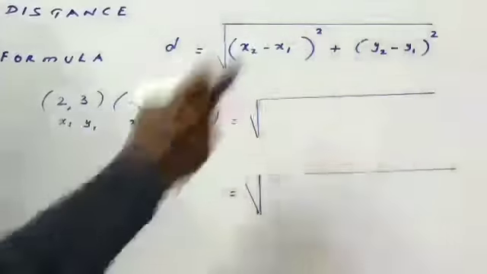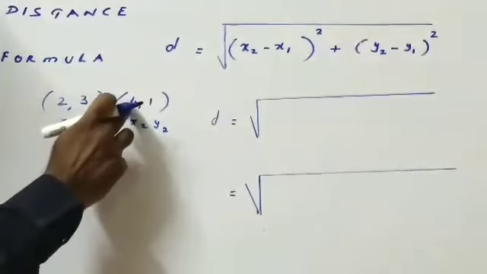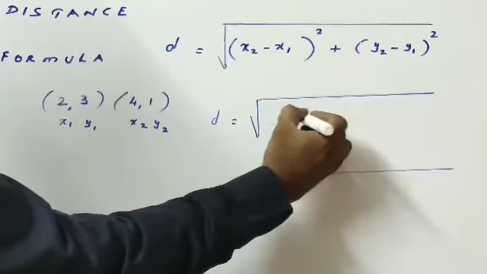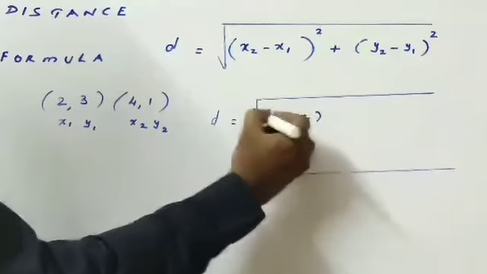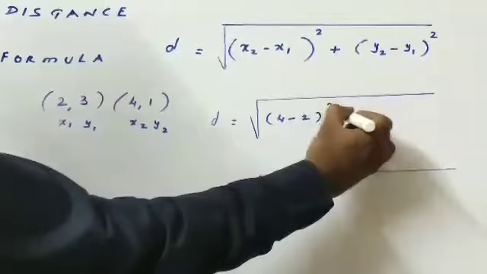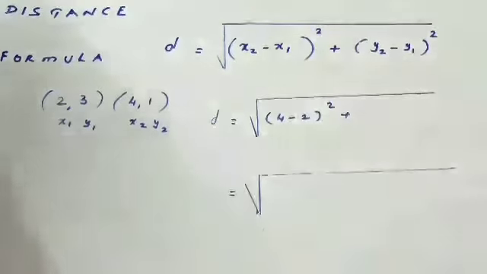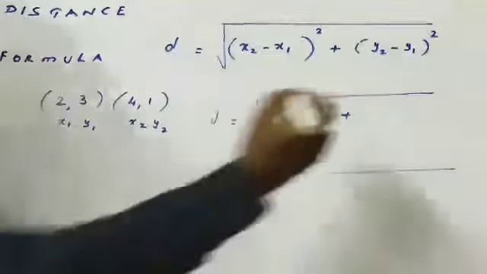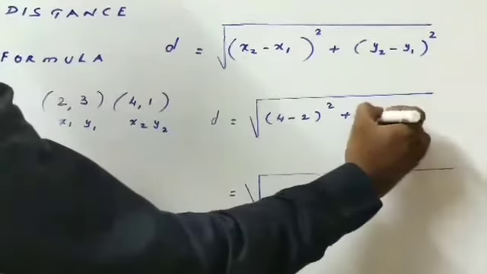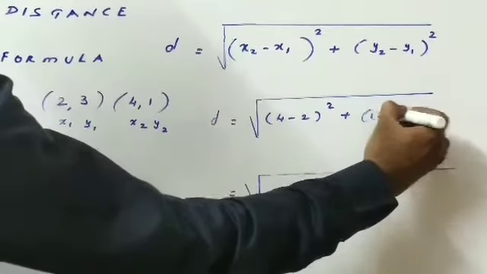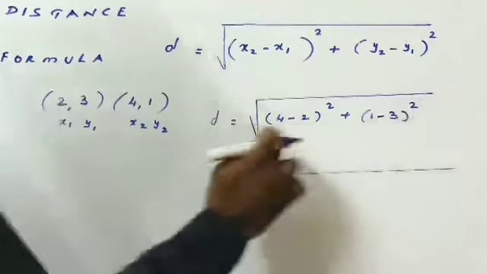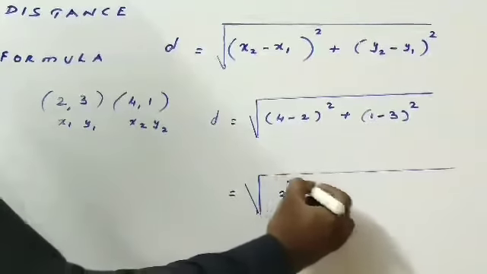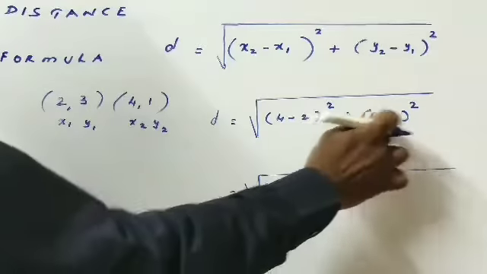For x2 put 4 minus x1, 2, the whole square, plus y2 minus y1. y2 is 1, y1 is 3, so 1 minus 3, the whole square. 4 minus 2 is 2, 2 square, plus 1 minus 3.